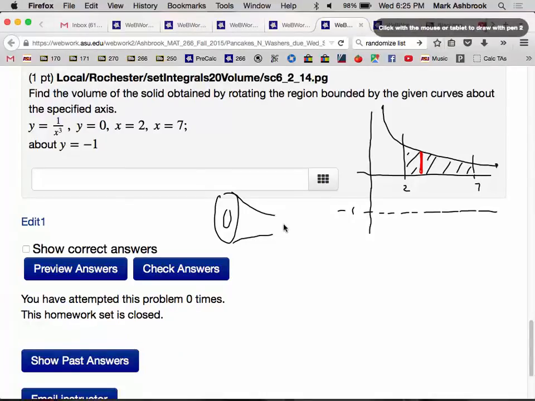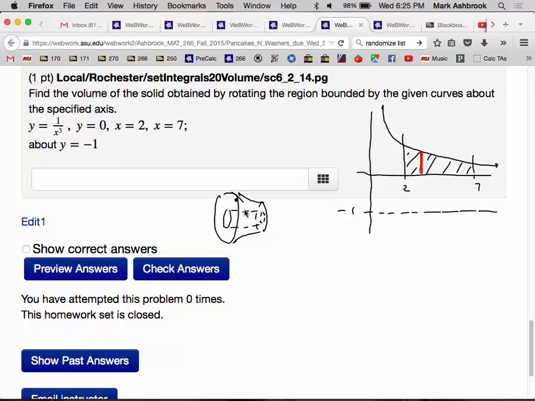Didn't make it big enough. There's going to be a hole there. And then, okay, that's what you're going to get.